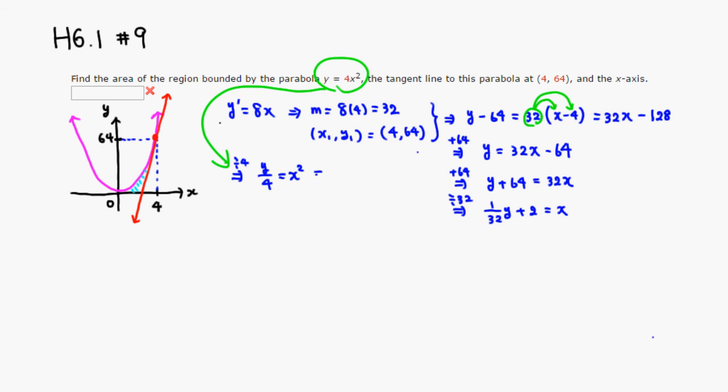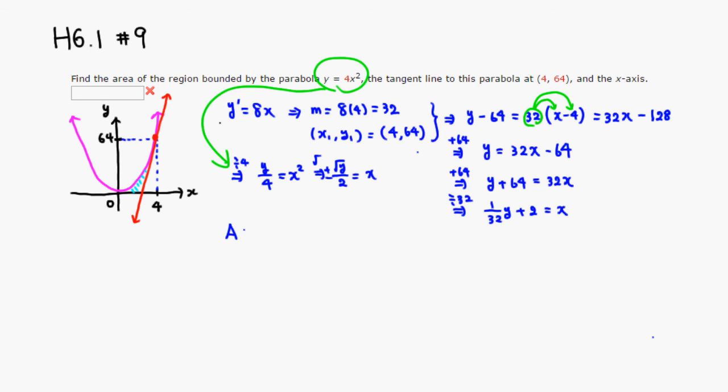Then we can take the square root of both sides: square root of y over square root of 4, which is 2, equals x. We could do plus or minus, but we're looking at the positive one. So let's do it with respect to y.